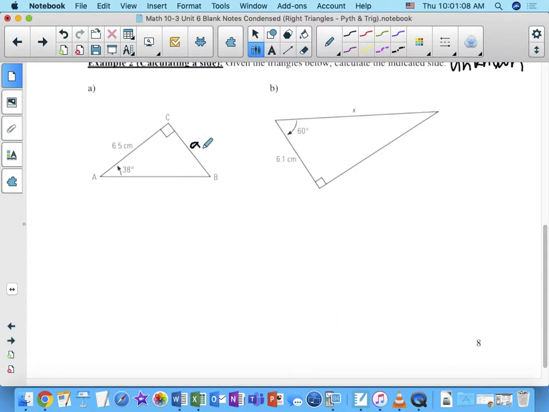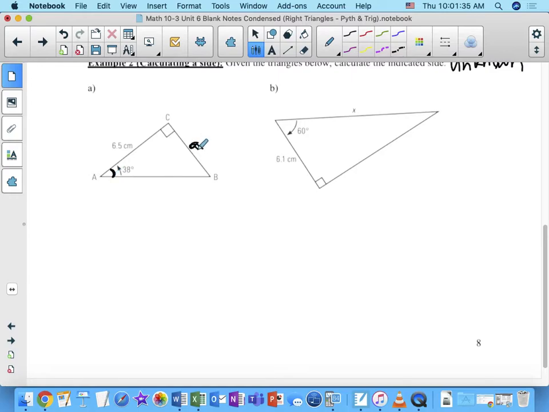Which angle do you think we should use? A, yeah, because we know that one, right? We're going to need to know an angle if we want to find a side, because otherwise we're going to have too many unknowns. So we're going to use this angle over here. Okay, so let's do that. This is side A.